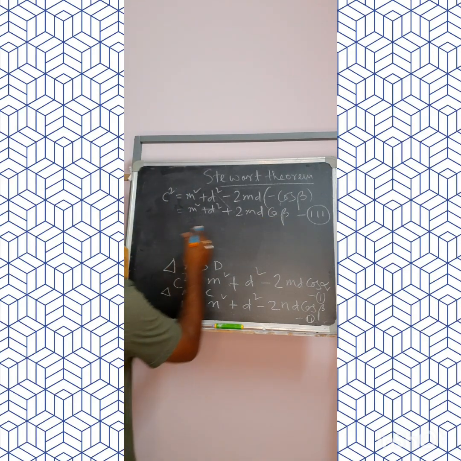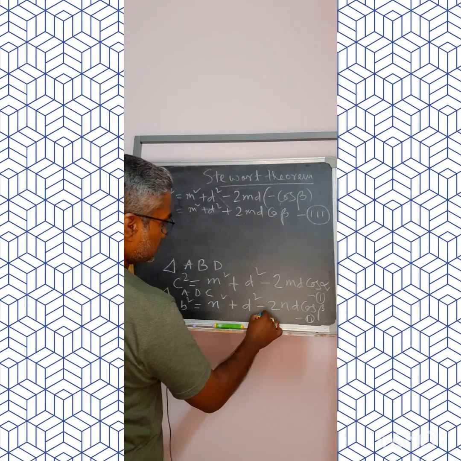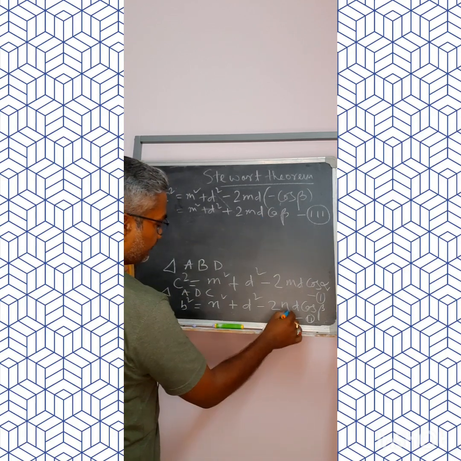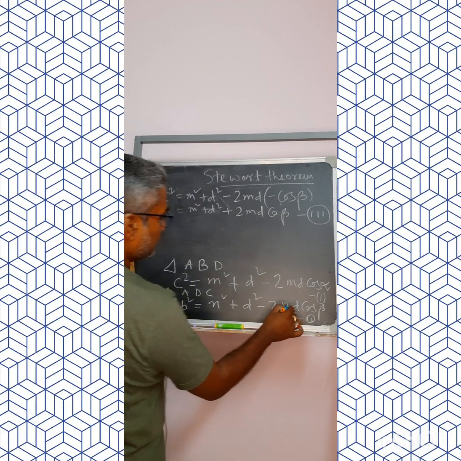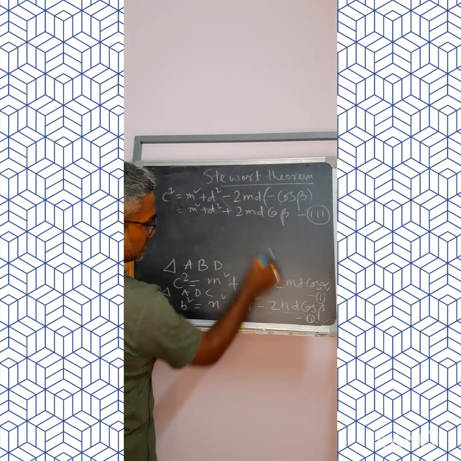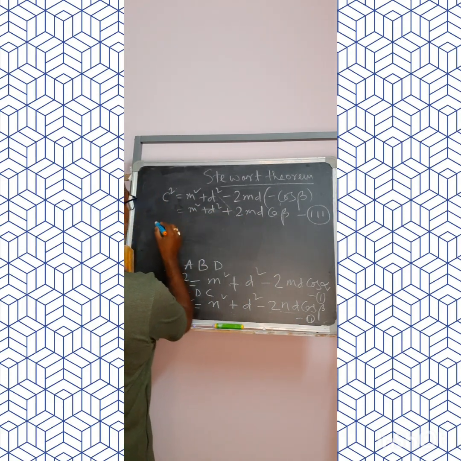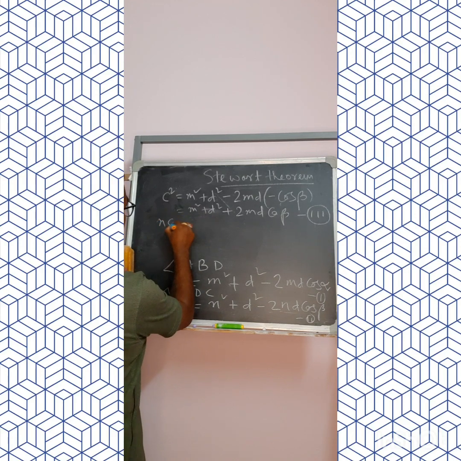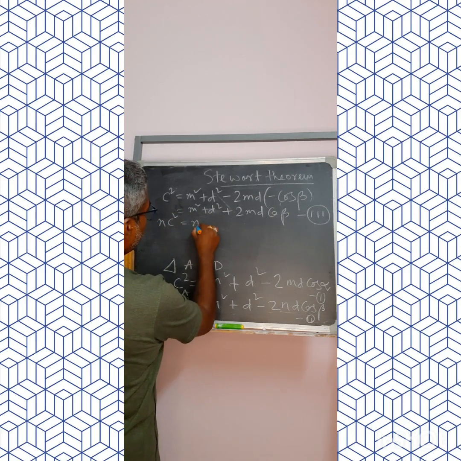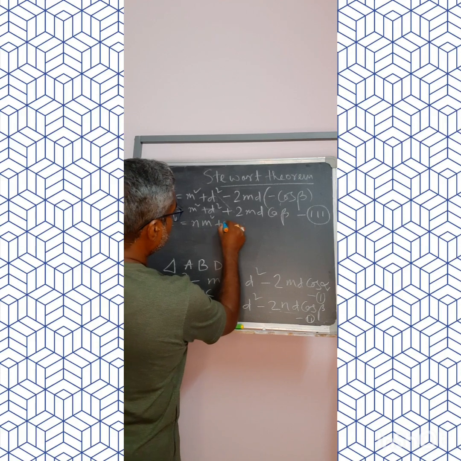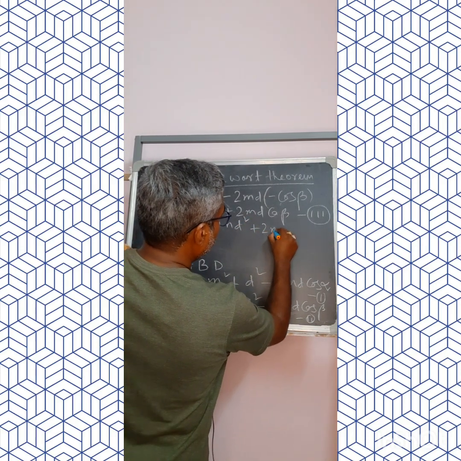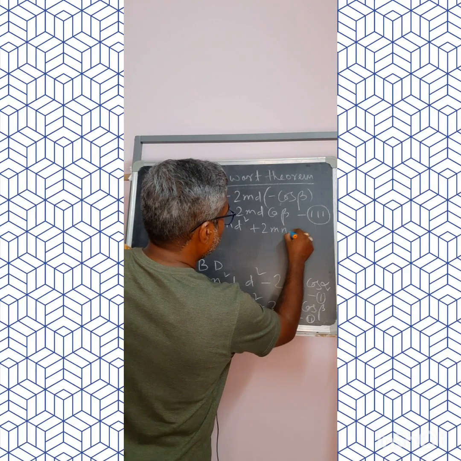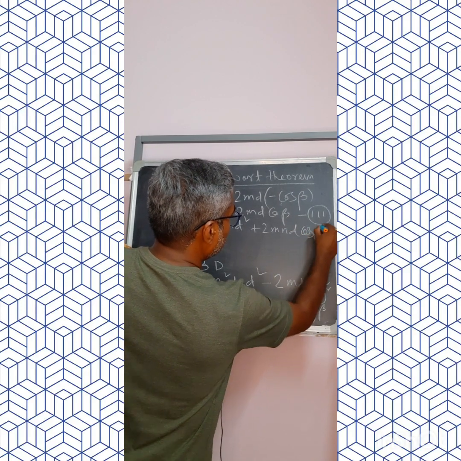Okay, now I see that equations 2 and 3 both carry cos beta. Now to nullify this part, because it is minus and plus, I have to bring the values equal. To bring the equal values, here n is missing, m is missing, so I multiply with n on both sides. It will give n c square equals n m square plus n d square plus 2mnd cos beta.